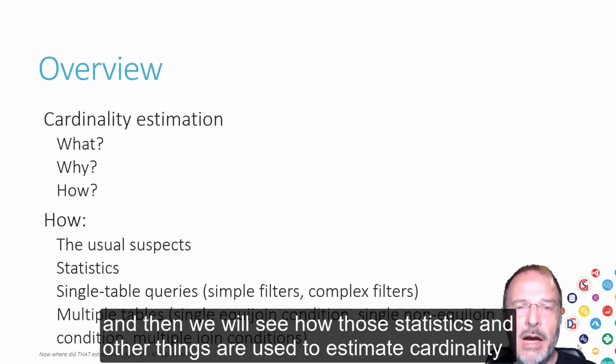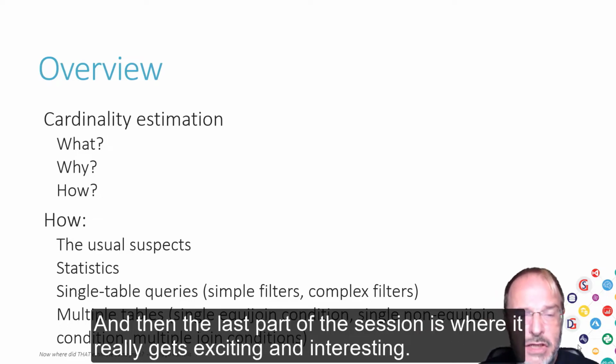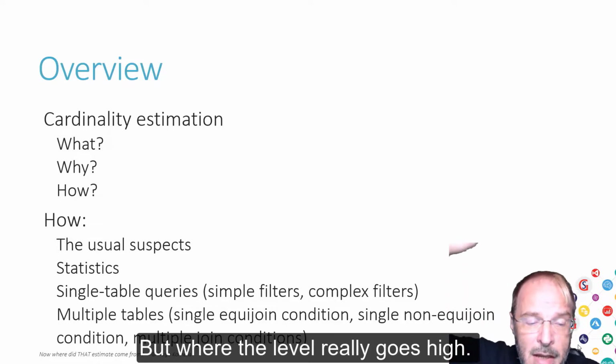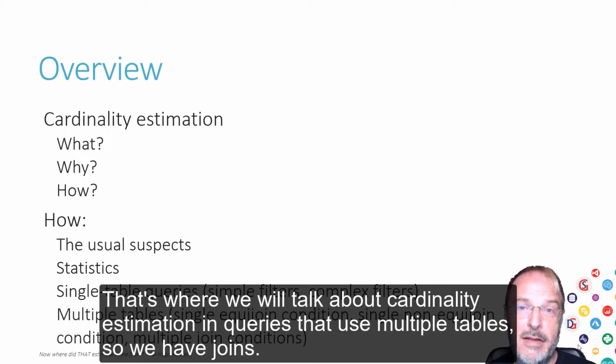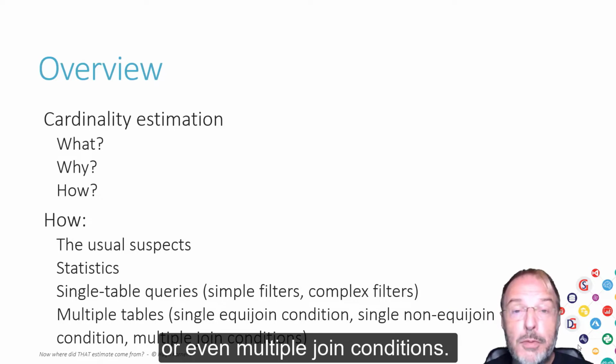And then we will see how those statistics and other things are used to estimate cardinality in first single table queries with simple filters or with more complex filters. And then the last part of the session is where it really gets exciting and interesting, but where the level really goes high. That's where we will talk about cardinality estimation in queries that use multiple tables. So we have joins. And then we will talk about cardinality estimation if there's just a single equijoin, or a single non-equijoin, or even multiple join conditions.